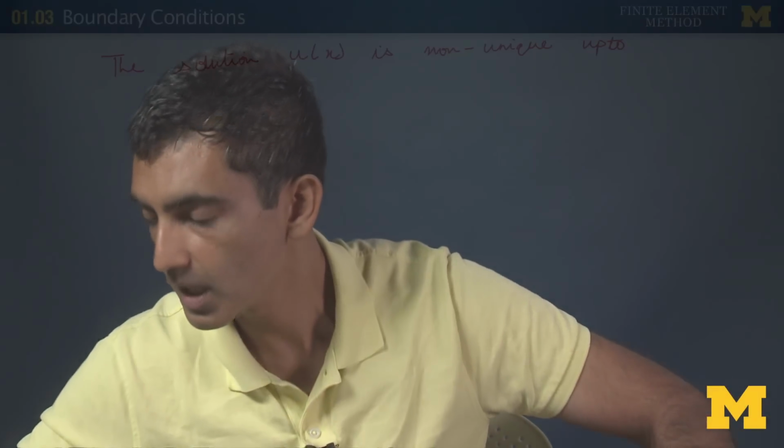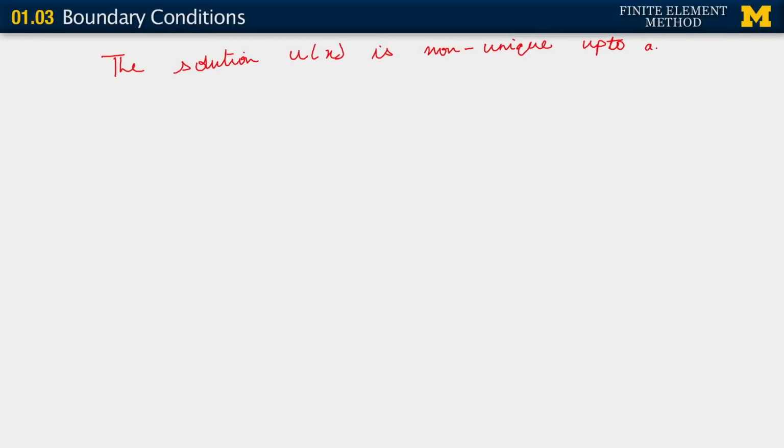So we say that the solution u of x is non-unique up to a rigid body motion u bar, which is the constant field.